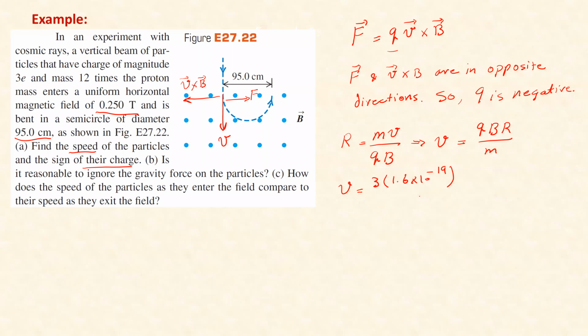This is the charge, because it says 3 electronic charge, times B, which is 0.25, times R. This is the diameter, 0.95, so the radius will be half of that, 0.475, divided by the mass, 12 times the proton mass, 12 times 1.67 times 10 to the negative 27.